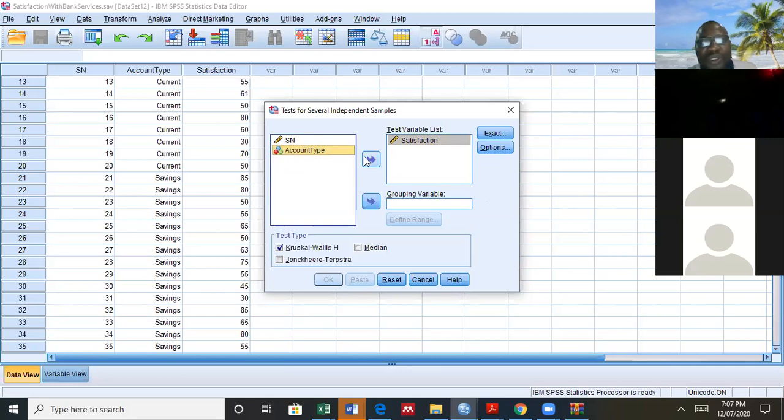Move it to the group variable now. The arrow is down, yes. You see, it says define range. It didn't say define group because sometimes the range can be more than 2. Click on define range.